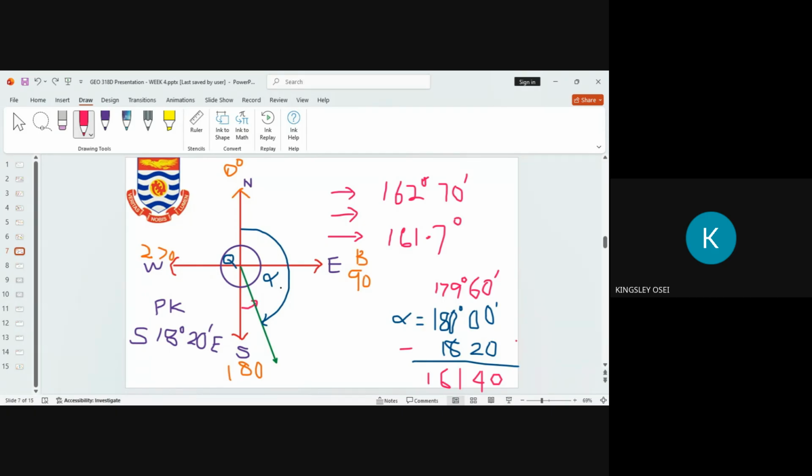Okay. So is it clear now? So the 180 can be rewritten as 179 degrees 60 minutes. But in this form, it's nice because what I'm going to subtract has components for minutes and components for degrees.